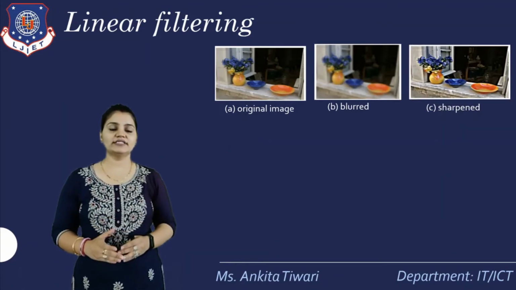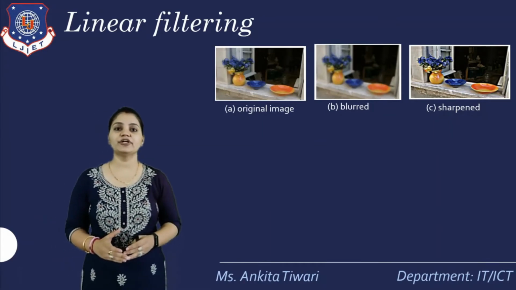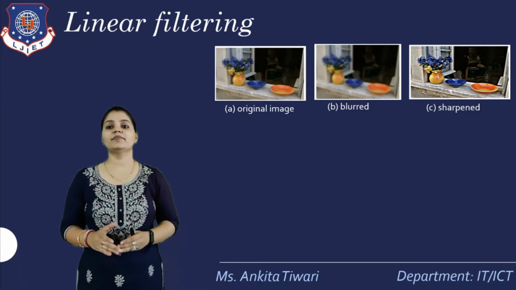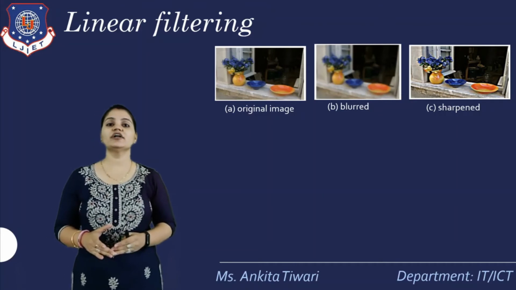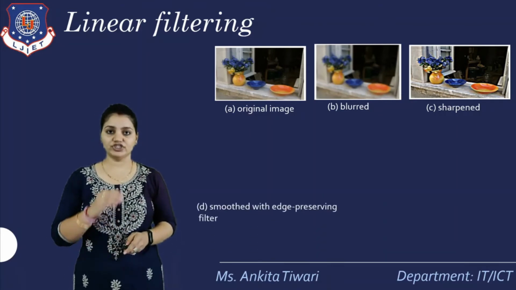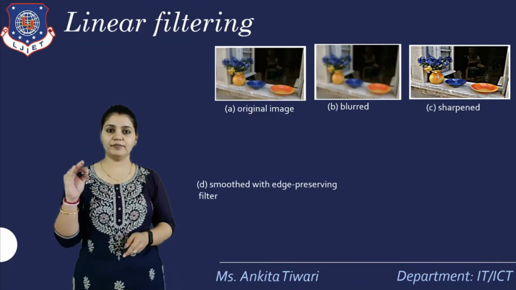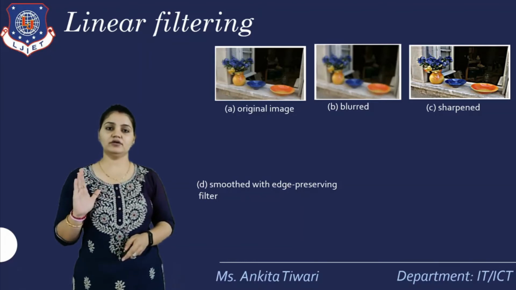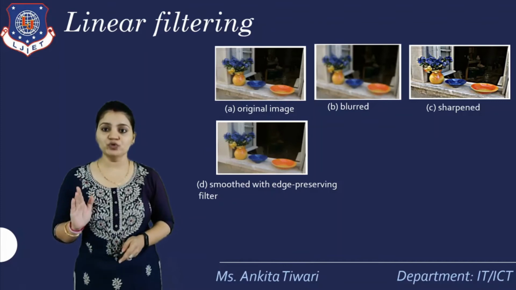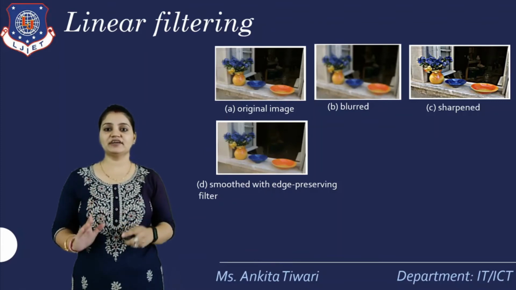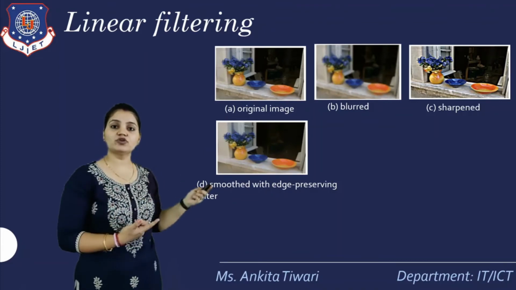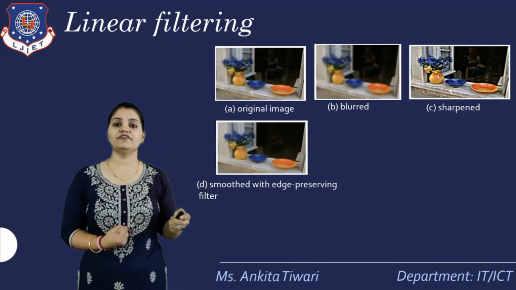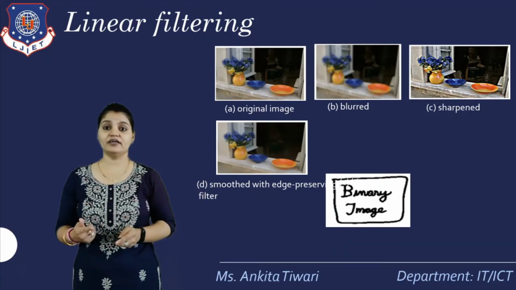Sharpening involves the image being sharpened at a particular distance, in a particular shape form, with each and every part shown in the foreground and background sharpened for the quality of the image. Then smoothing with an edge preserving filter. With respect to the filtering process, it has been smoothed.